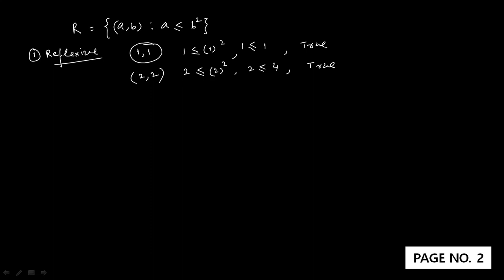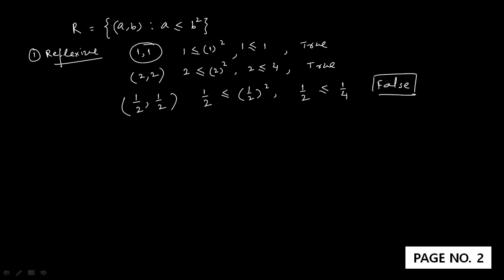Now, suppose I am taking the example of a decimal value or a fractional value. Suppose the numbers are 1 by 2 and 1 by 2. Now, 1 by 2 is less than or equal to 1 by 2 square. It means 1 by 2 is less than or equal to 1 by 4, which is false, because 1 by 2 is greater than 1 by 4.